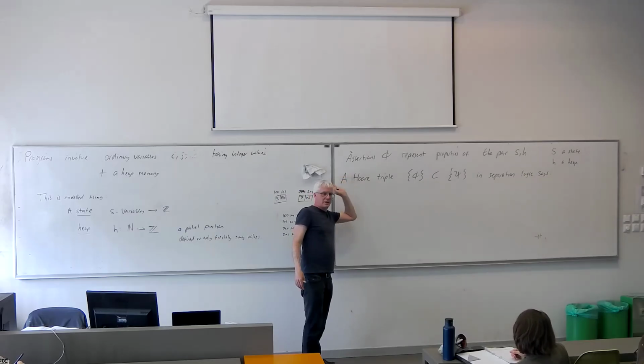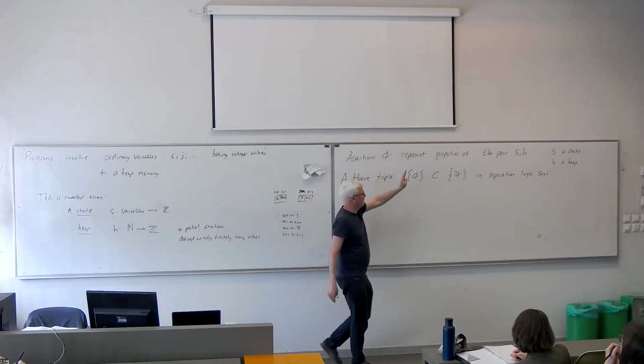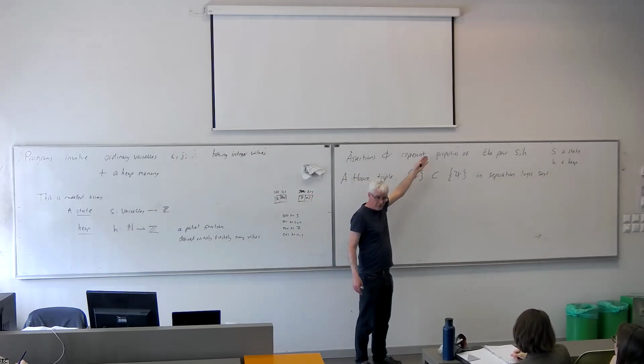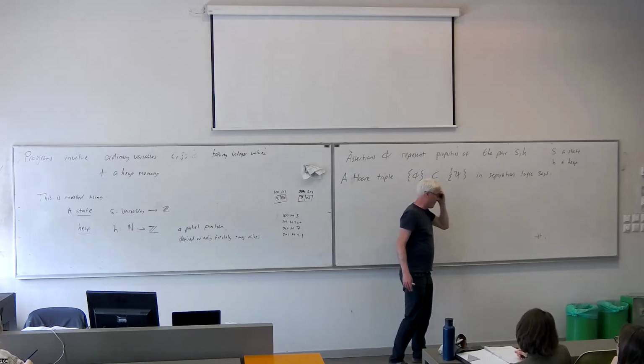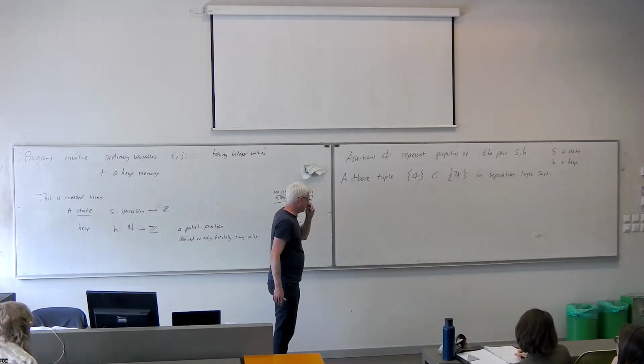If we start off with a list in memory and we run our in-memory list reversal program, then at the end we get back the reverse list in the memory. That was the whole triple.